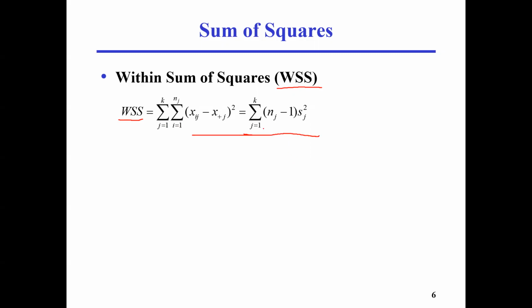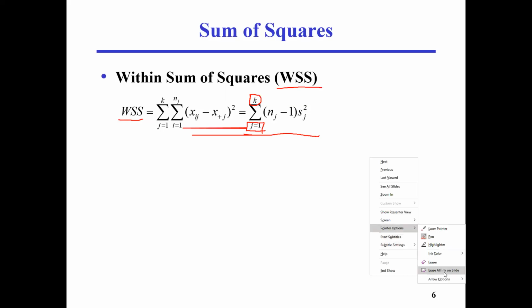Each term in this summation represents a sample. This summation goes from the first sample, j equal to 1, until j equal to k, which means this summation includes all samples you have.